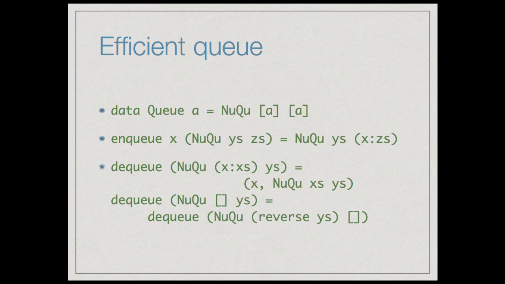This is seemingly a better implementation because every time we enqueue, we add to the beginning of the second list. But there are times when you have to reverse the second list into the first list, namely when the first list is empty. How much does this cost?